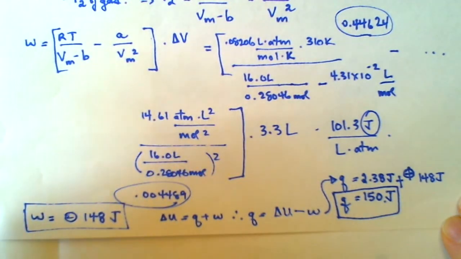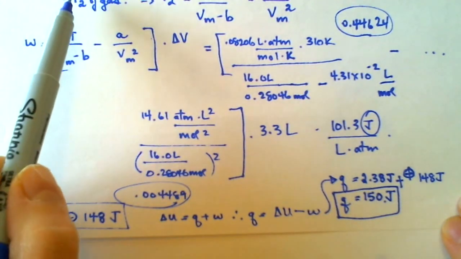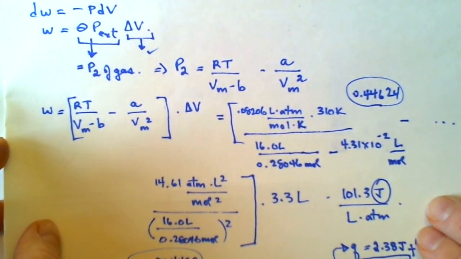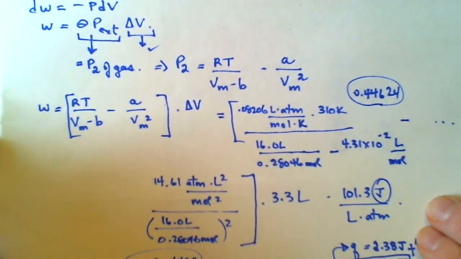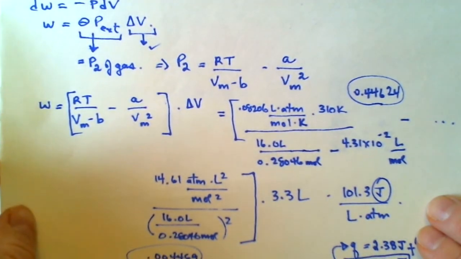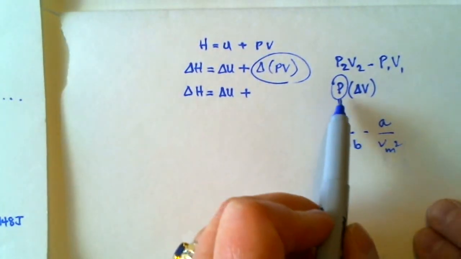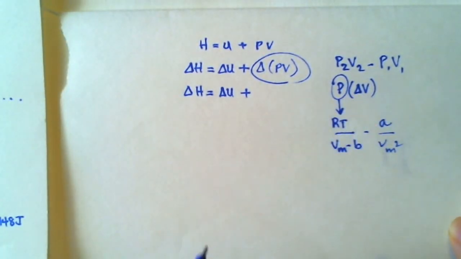So wouldn't you say that this work of minus P delta V is actually this guy here, P delta V?